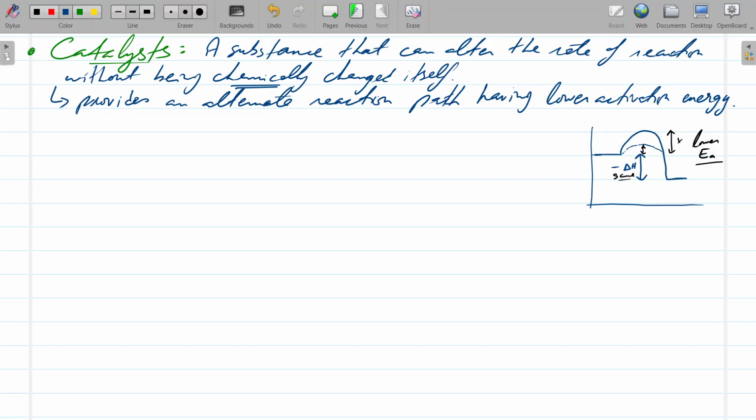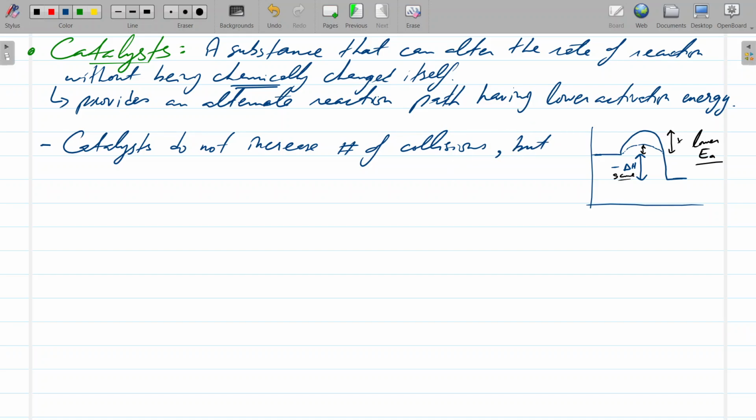The catalyst is not increasing the number of collisions between the reactant particles, but it causes more of the collisions to become successful collisions. So catalysts do not increase the number of collisions. It's not like temperature or pressure.